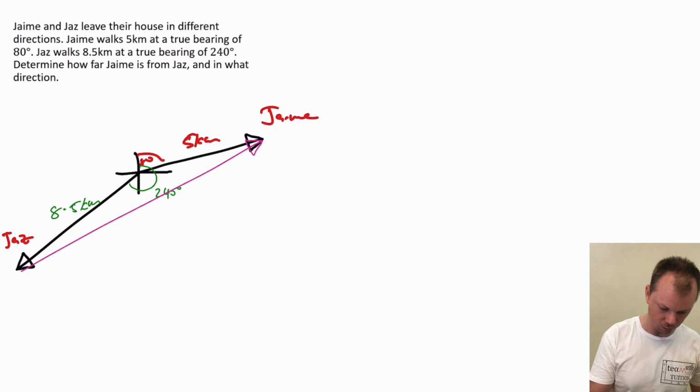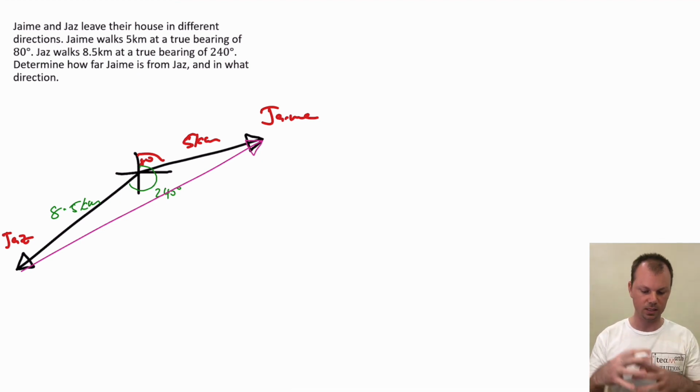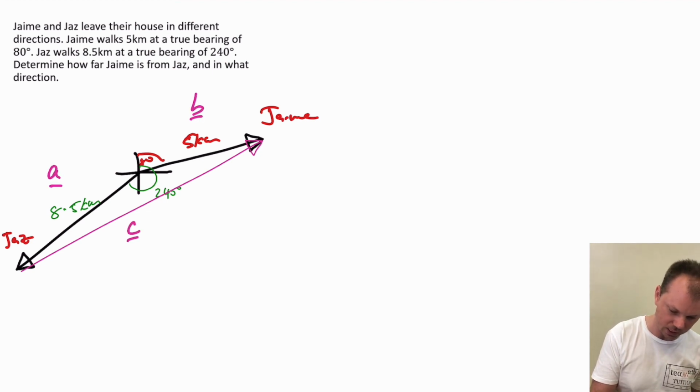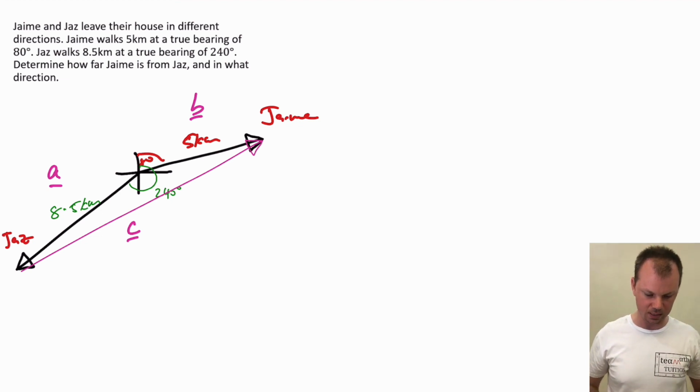If we write on here, and it's really nice to do this at the start because it helps break the whole problem down. If we call this vector A, vector B, and vector C, we want our position vector going from Jazz to Jamie.